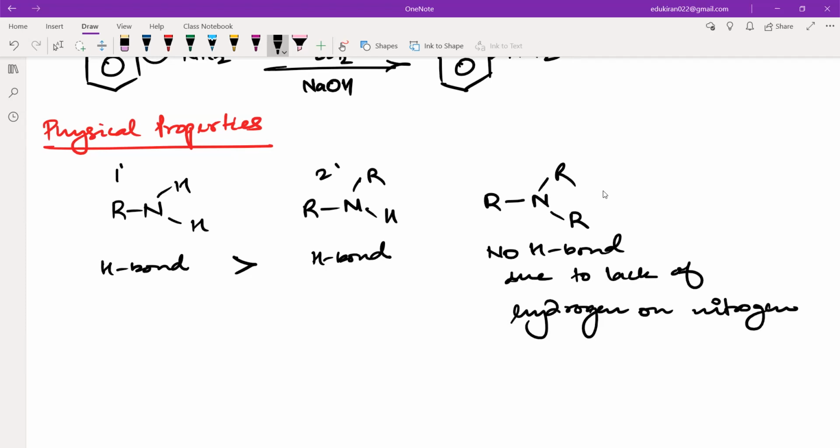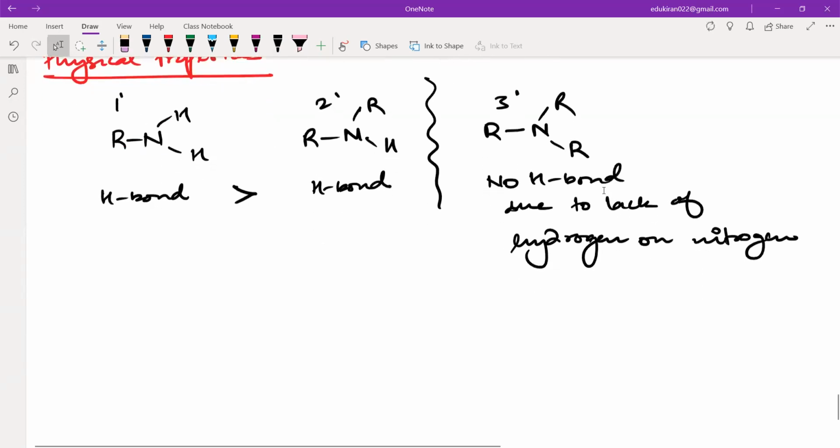This is 1 degree, 2 degree, and 3 degree. 3 degree has no hydrogen bond. If I compare 1 degree and 2 degree, the 1 degree has 2 hydrogens. That is why it will have more intermolecular attraction between 2 molecules. Now the 3 degree does not have any hydrogen bonding, so it will not have any intermolecular force of attraction.